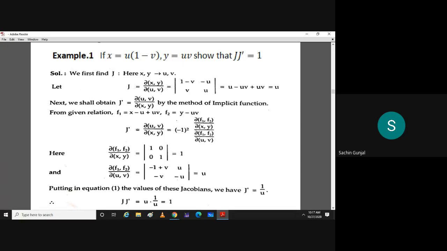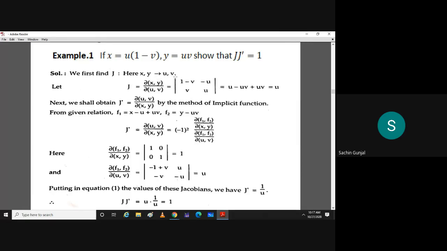So x with respect to u is 1 minus v, x with respect to v is minus u, and y with respect to u is v, y with respect to v is u. So this first Jacobian is u.